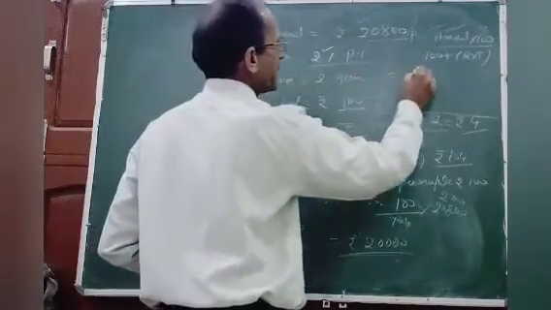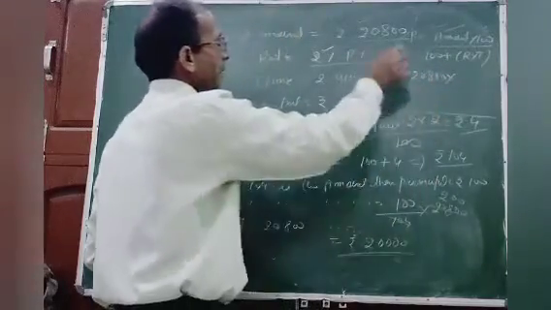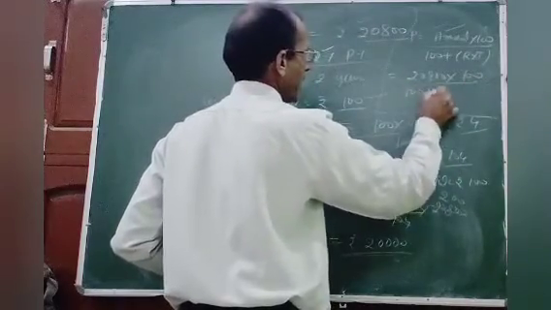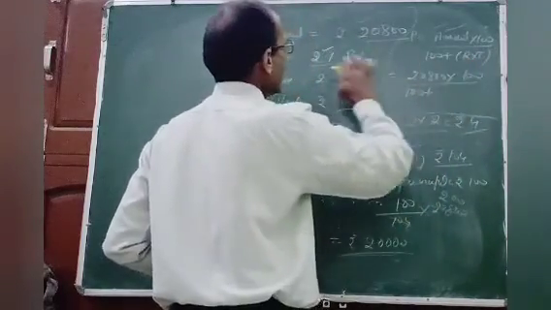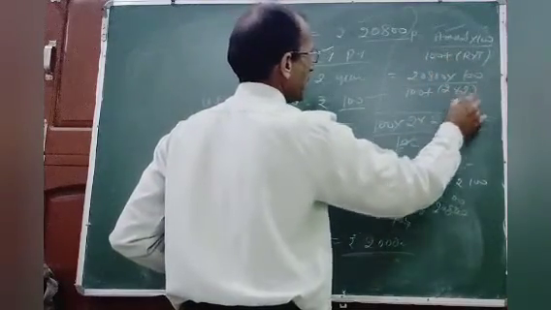So amount is 20,800 multiplied by 100 upon 100 plus rate multiplied by time. According to rule, first I will solve bracket. So rate is 2 and time also 2. So 2 multiplied by 2, it means 4.